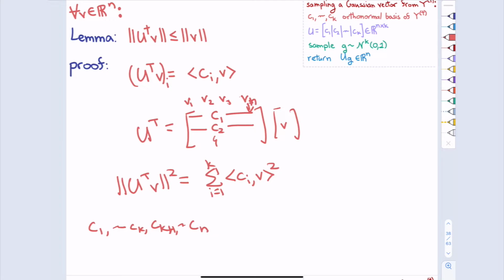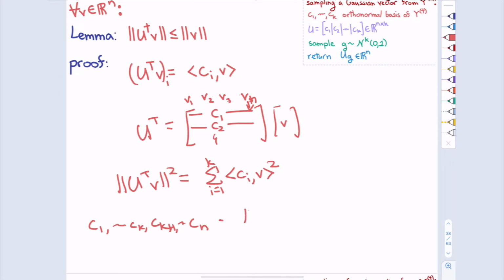If I took v and rewrote it in this new coordinate basis, I would get the same kind of sum of squares, the sum over i equals 1 to n of the squared dot product of ci and v. What I'm doing is rewriting v in that coordinate basis and looking at the length in that change of coordinates.